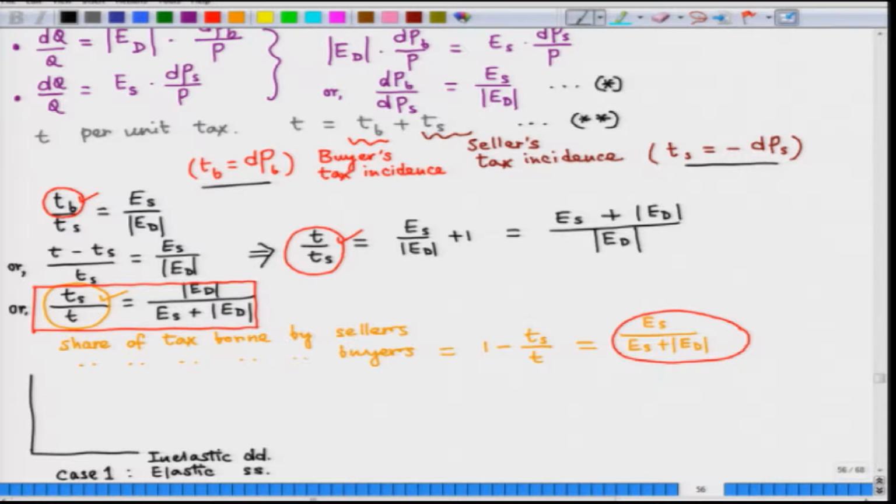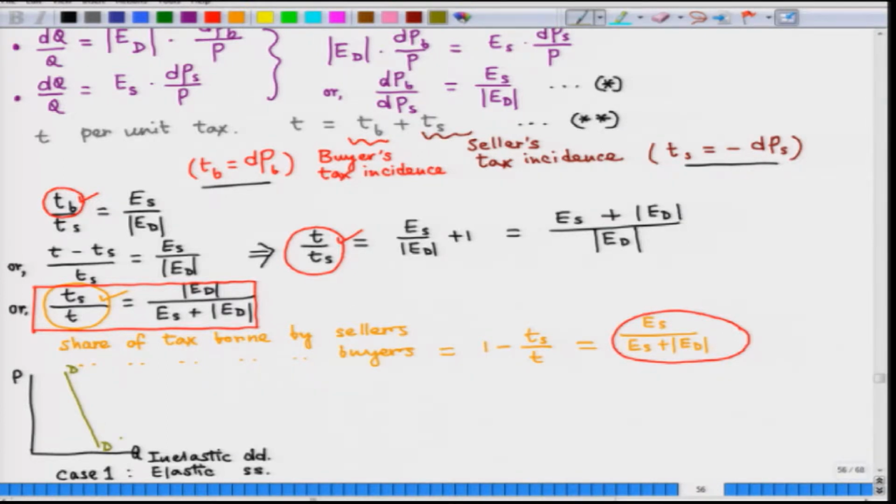So, how do we plot this? As usual I measure quantity along the horizontal axis and the price along the vertical axis. Now, let us have a very inelastic demand function. So, it will be a very steep demand function, something like this. Let us call this DD, okay.